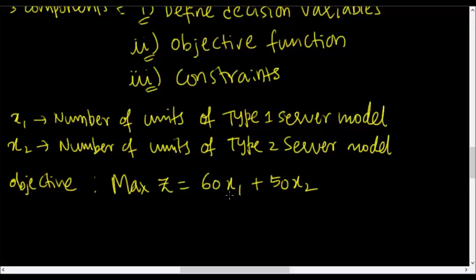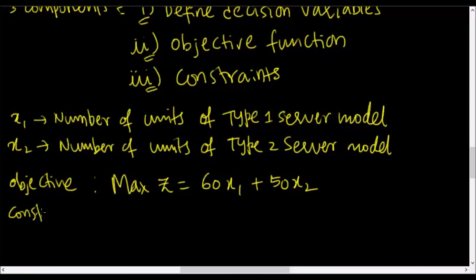So if I make and sell x1 units, I'll get 60x1 profit, and if I make and sell x2 units of type 2 server model, I'll get 50x2 profit. The total profit will be 60x1 plus 50x2. That's why I framed this objective function like this.